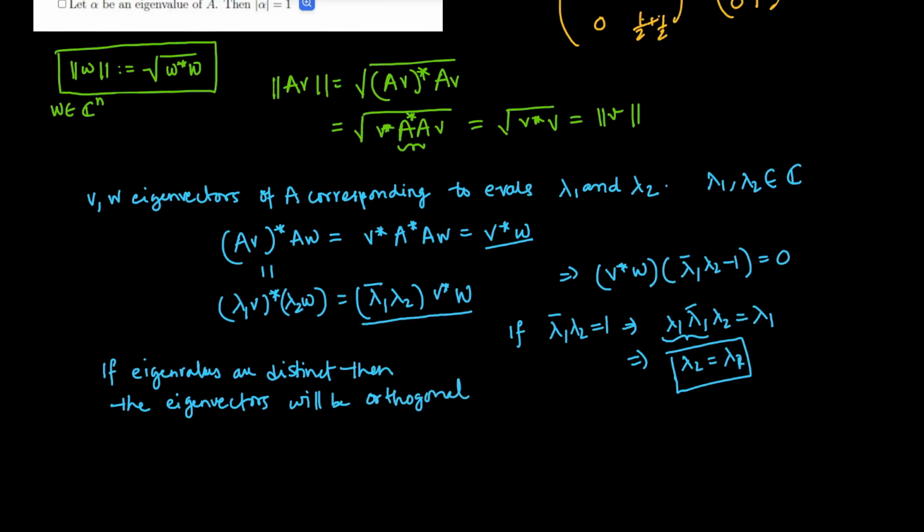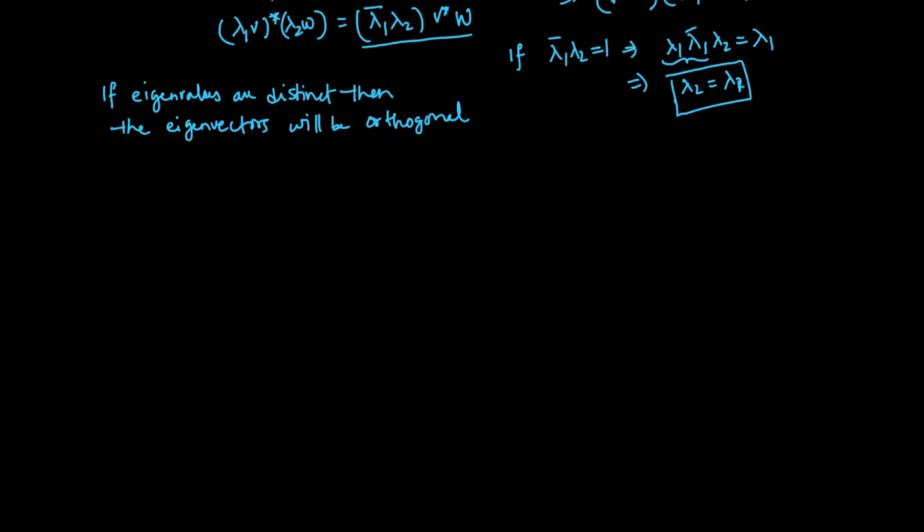This is what we can conclude. So essentially, if we show that the eigenvalues of the given matrix A are distinct, then we can conclude that the eigenvectors will be orthogonal.